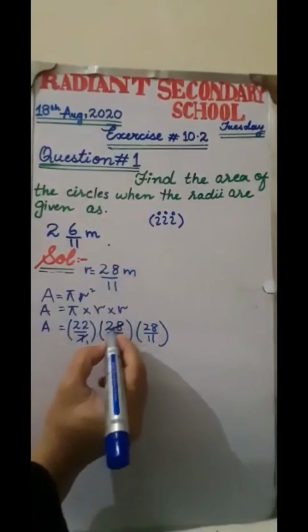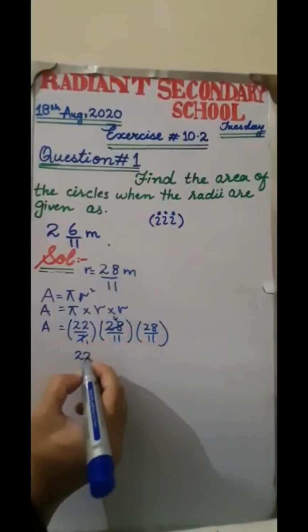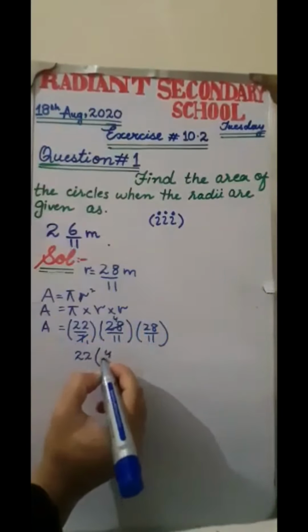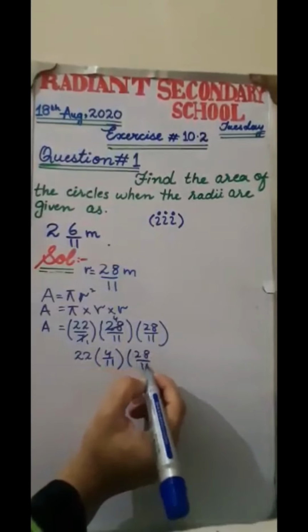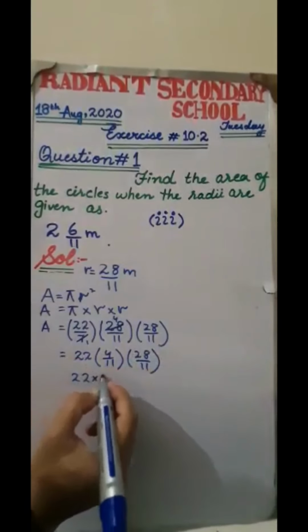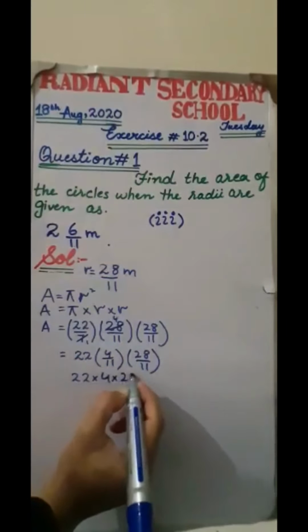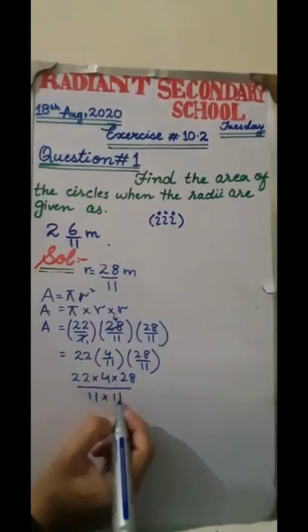7 1s are 7, 7 4s are 28. Now remaining is 22 multiplied by 4/11 and 28/11. Now you can write 22 multiplied by 4 multiplied by 28 over 11 multiplied by 11.